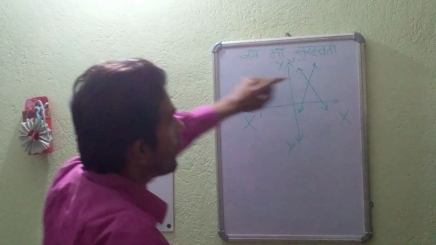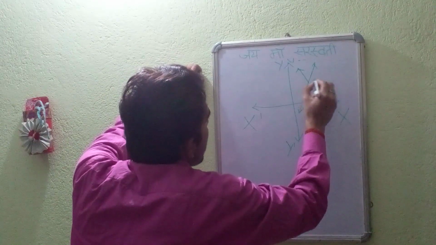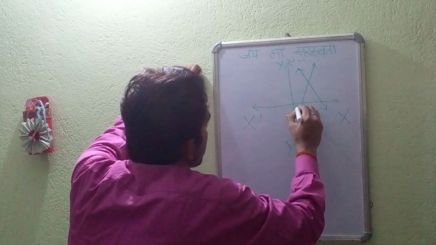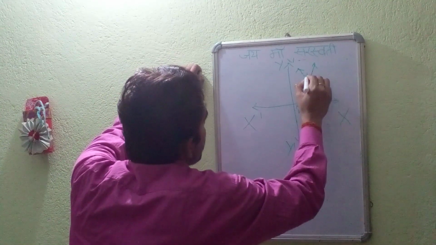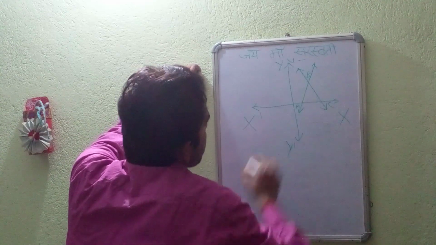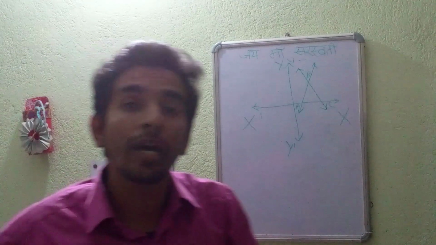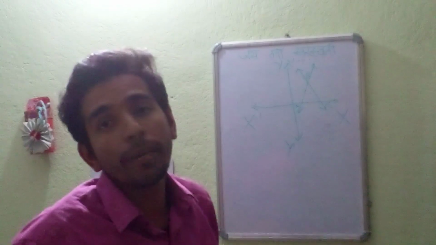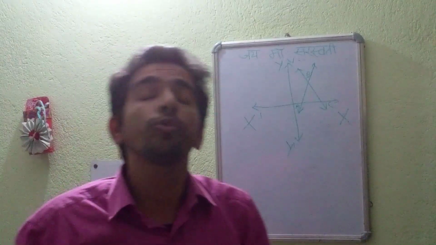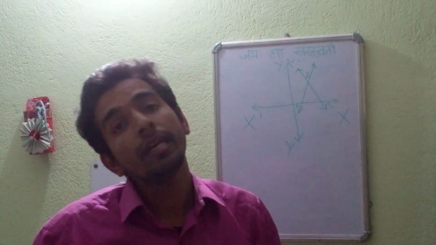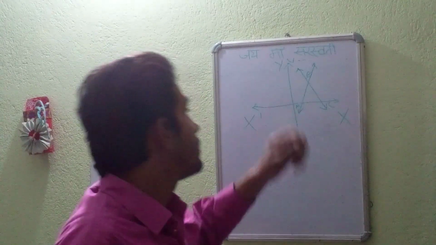This is the first line and this is the second line. We will define the points here as A, B, C. So these are the two line segments which we have, defined as AB and BC, and we have to calculate the angle between AB and BC.